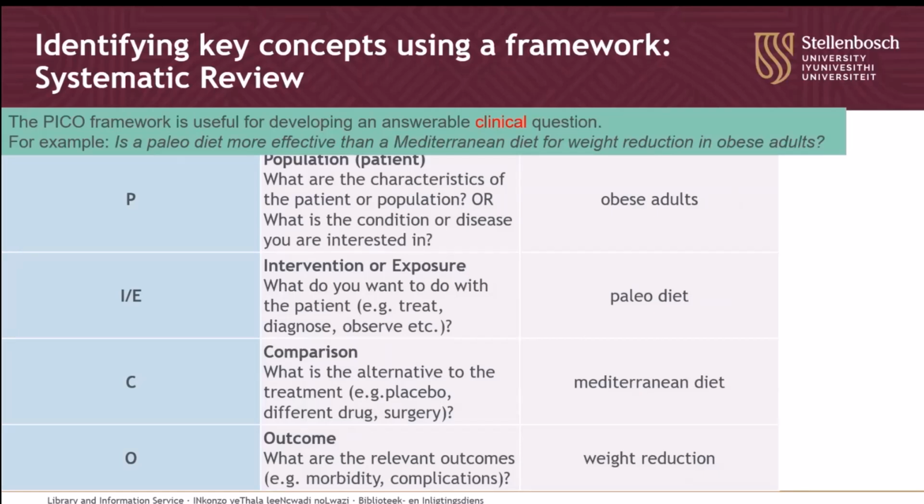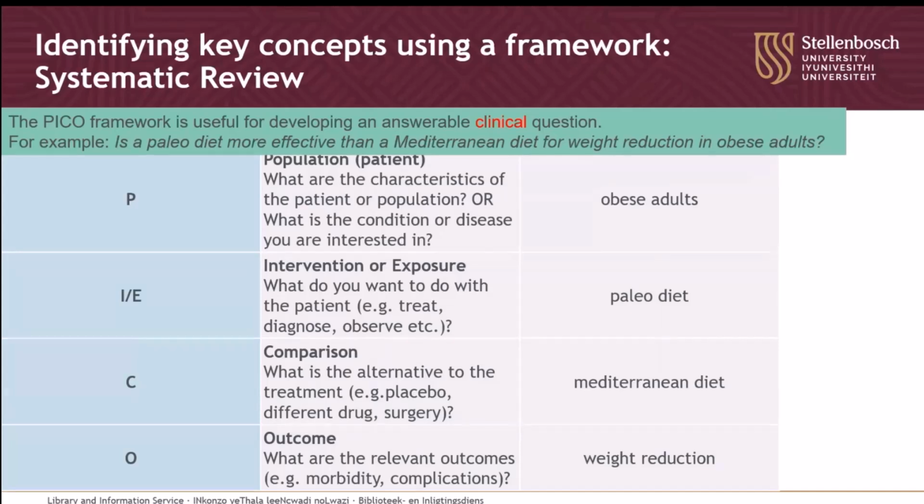If you're not familiar with a systematic review in medicine and health sciences, you need to ask a specific question, most of the time an intervention question, in order to do a systematic review.